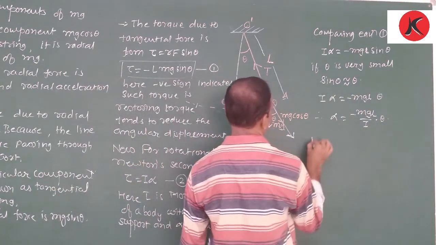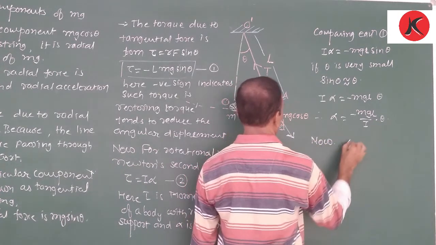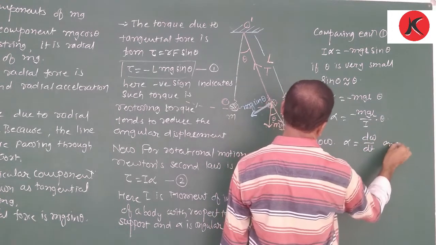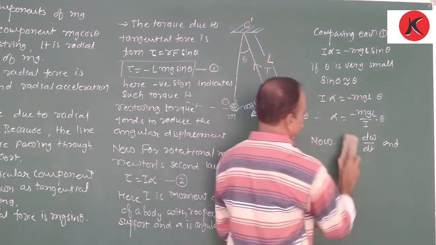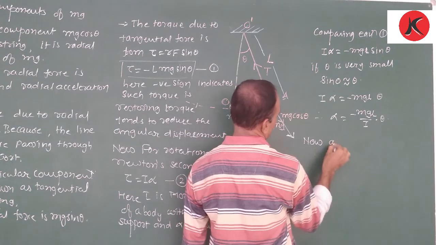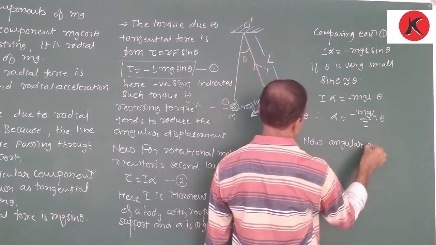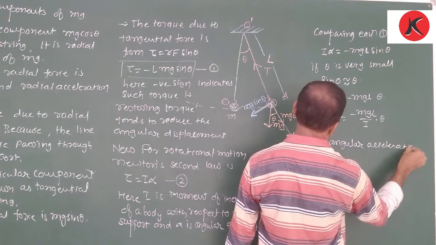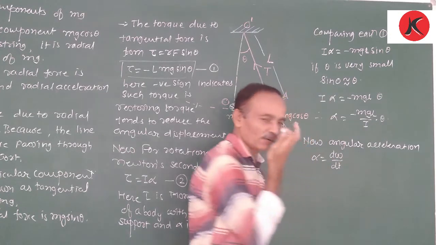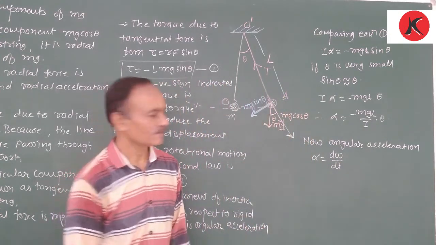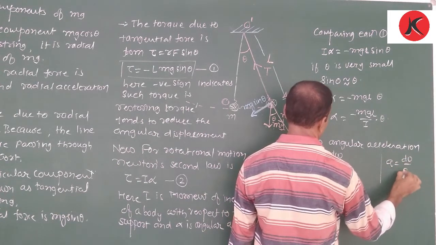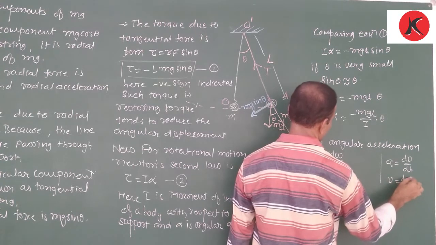Now, angular acceleration alpha is equal to d omega by dt. What is omega? Omega is the angular velocity. That is similar to this equation: a is equal to dv by dt, and v is equal to dx by dt.